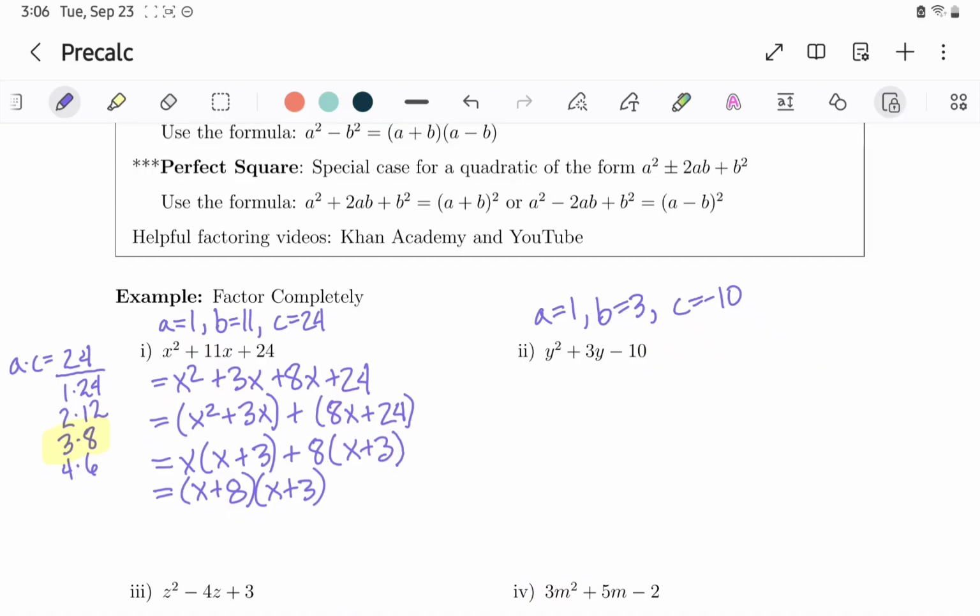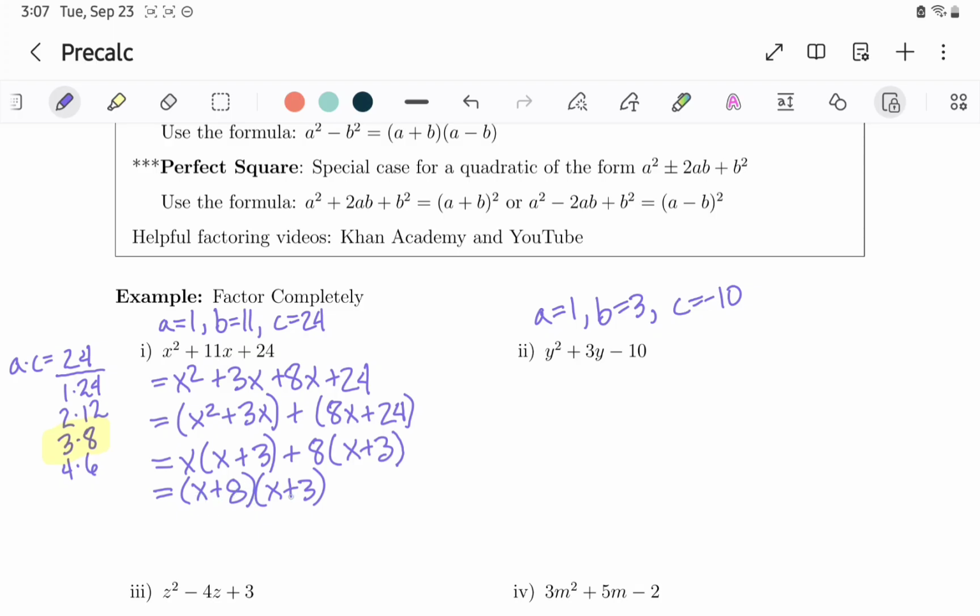Something I want to point out, which makes the AC method even quicker than using the quadratic formula to factor a quadratic expression, is what we can observe from the previous example: the two numbers that we came up with, 3 and 8, were exactly the numbers opposite the variable x in our two binomial factors.